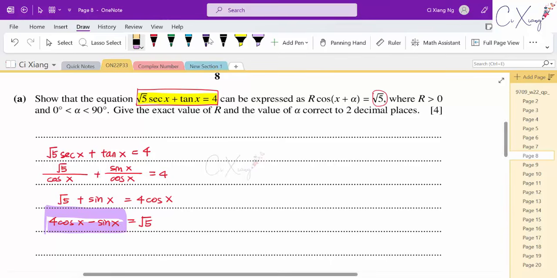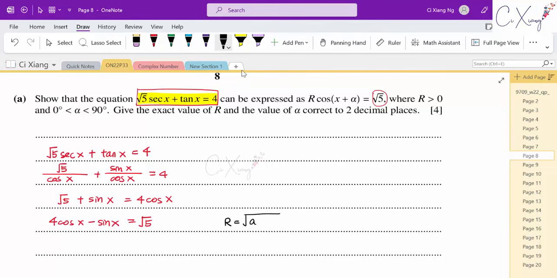To get it into this pattern, there's a standard formula that we can use, where R equals the square root of a squared plus b squared, where a is the coefficient of cos x and b is the coefficient of sine x.